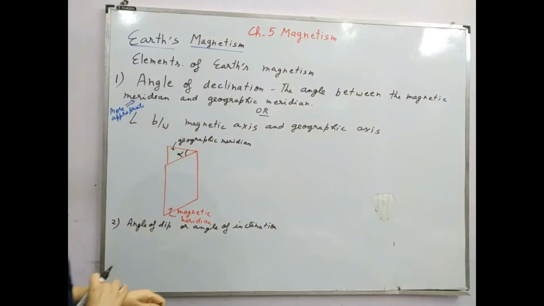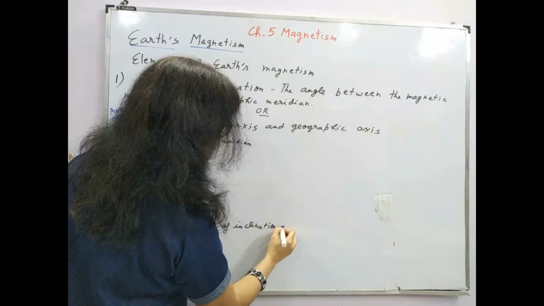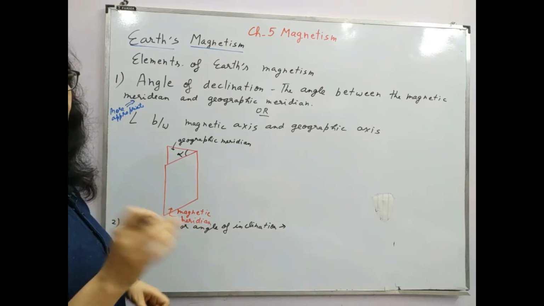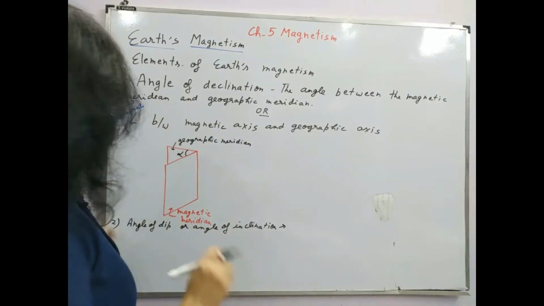What does it mean? It is the angle between the net magnetic field of earth and the horizontal direction, or you can say the surface of the earth.